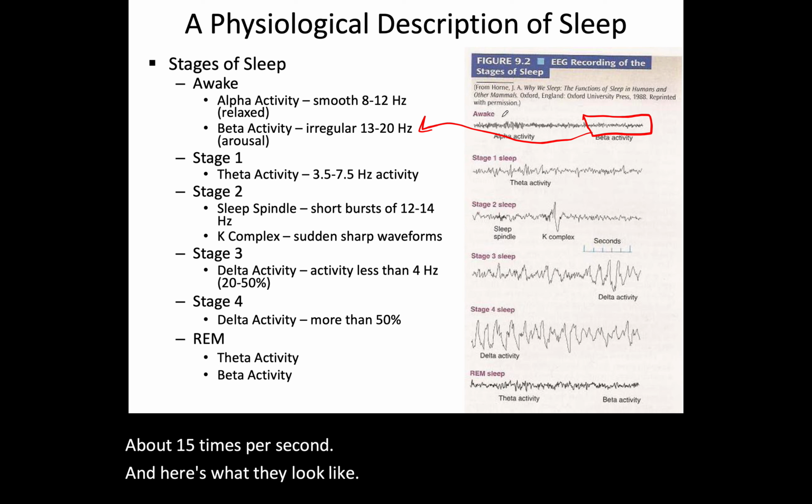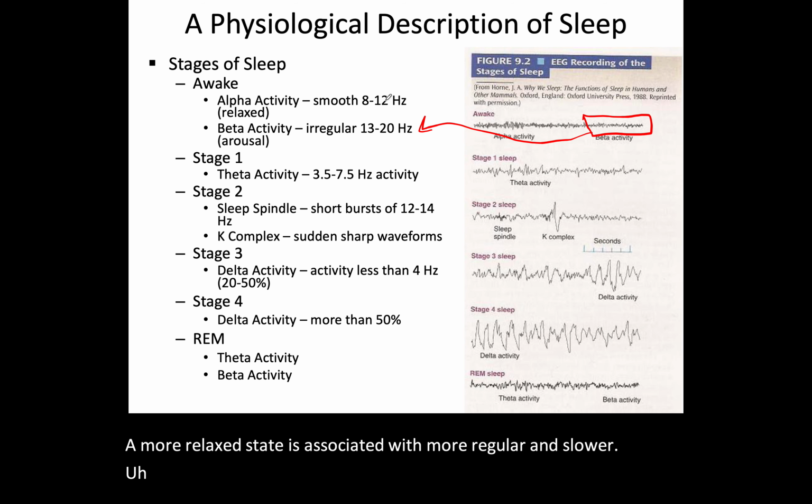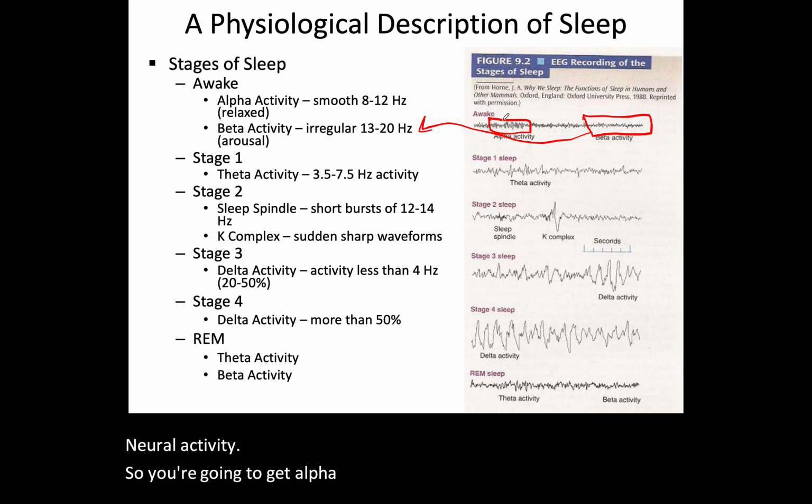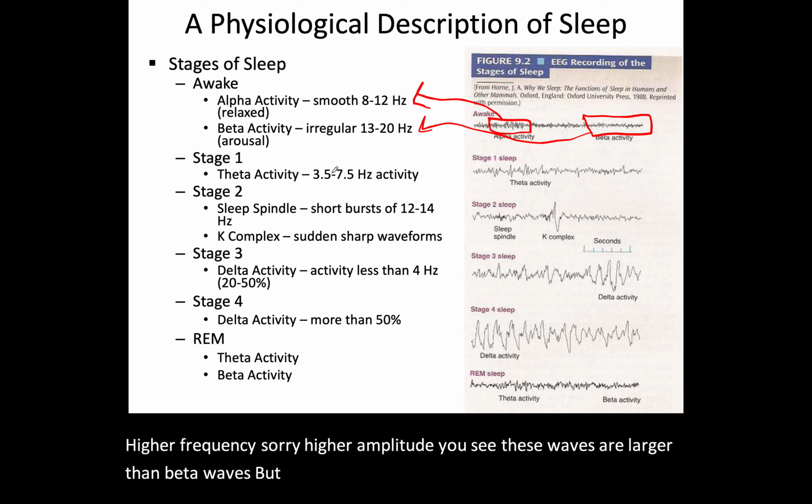A more relaxed state is associated with more regular and slower neural activity. So you're going to get alpha waves that will look like this. Higher amplitude. You see, these waves are larger than beta waves, but the frequency is slower.